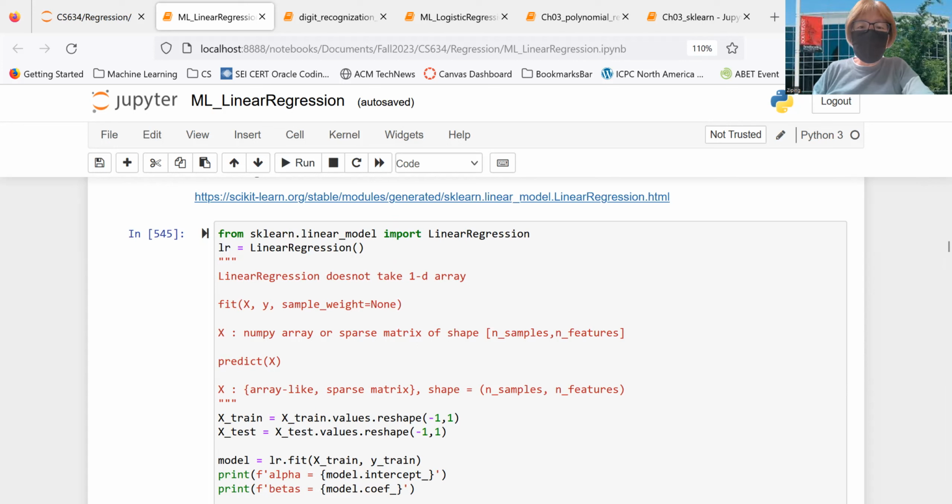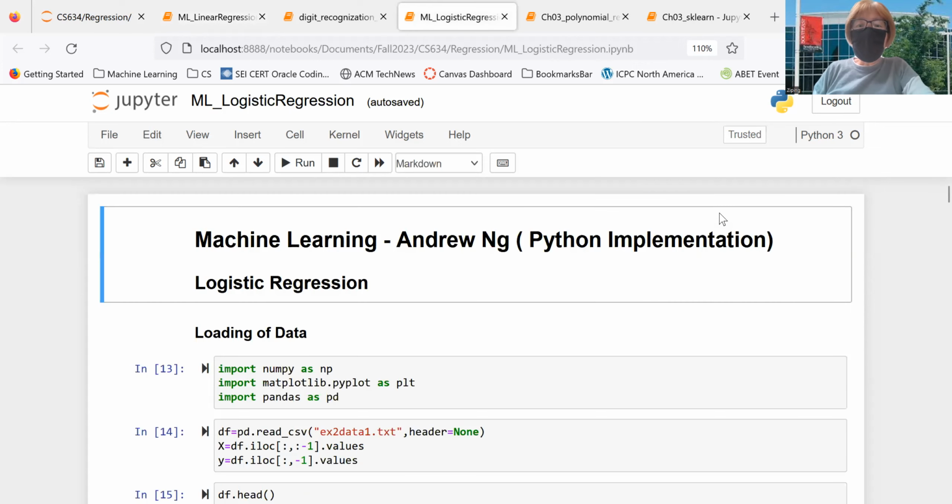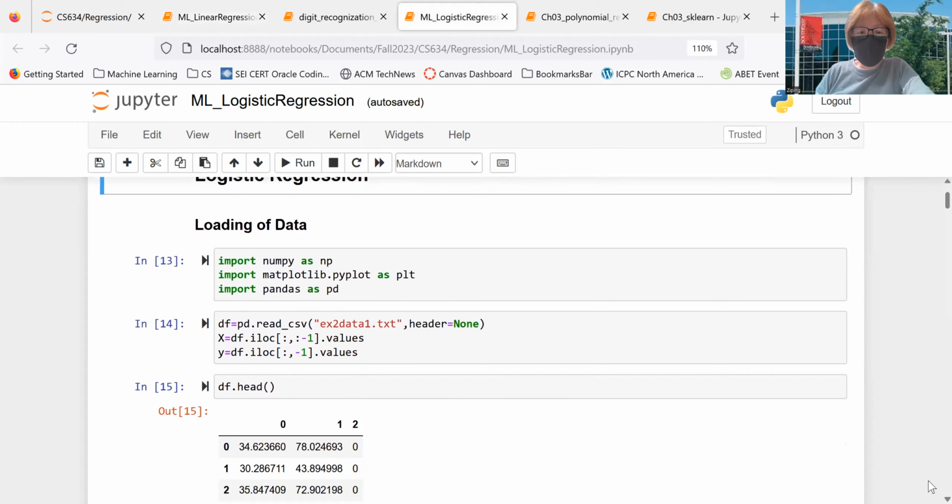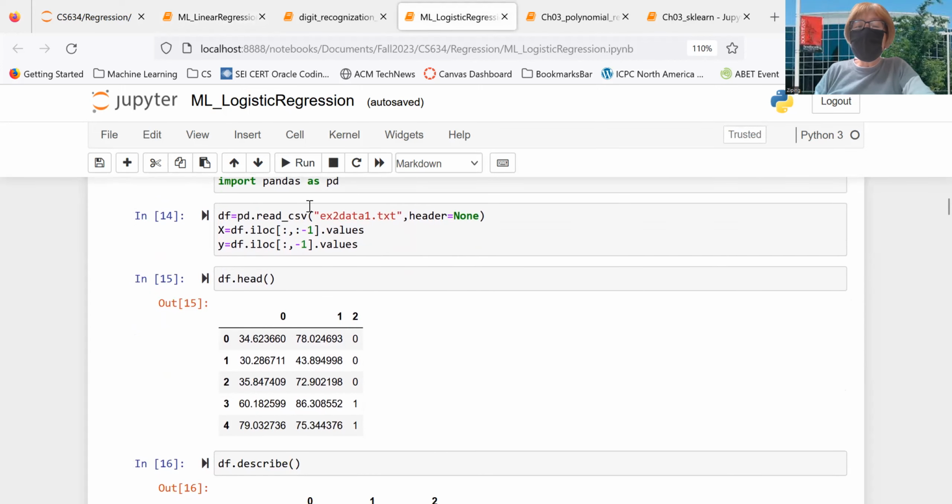Okay, next, let's see logistic regression. This time, what does the data look like? This data is about student exams. Each student has 2 exam scores, and the last column is whether the student is admitted or not, based on the 2 exam scores.